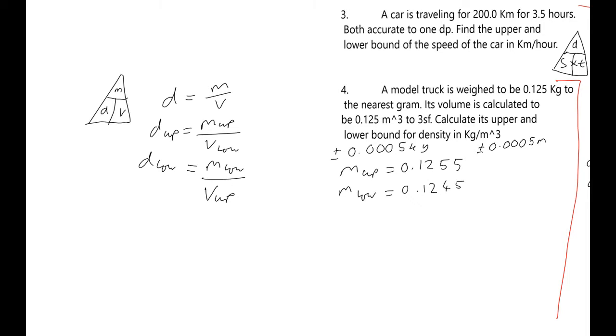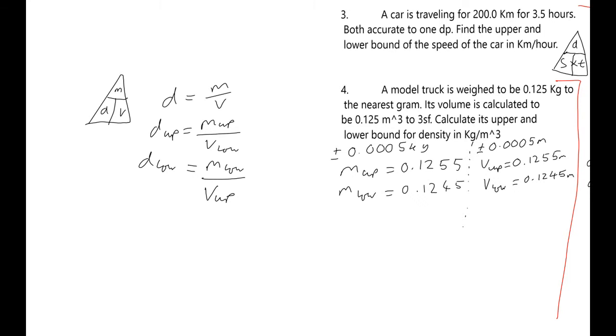Now note, the fact that these have worked out to be the same is pure coincidence. So our volume upper equals 0.1255 meters, and our volume lower is 0.1245 meters.